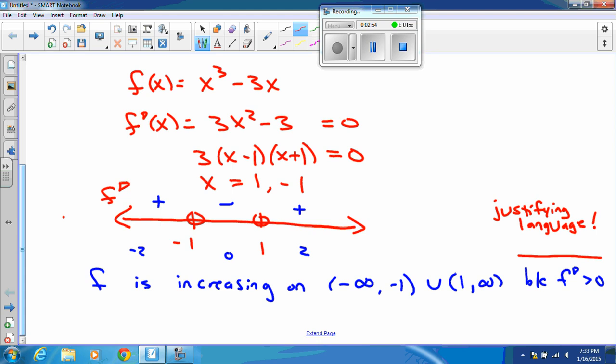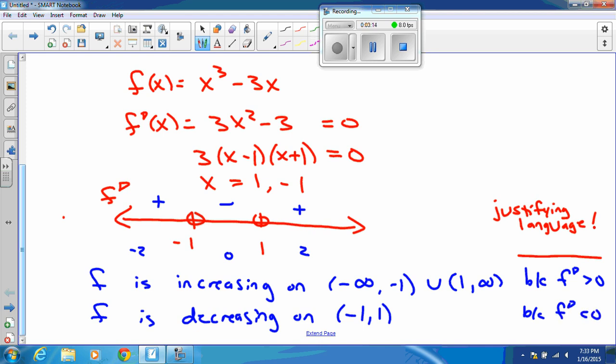We remember that the mere expression of a number line is not enough. We have to have the justifying language because f prime is greater than 0. Likewise, we can say that f is decreasing on the interval negative 1 to 1 because f prime is less than 0.